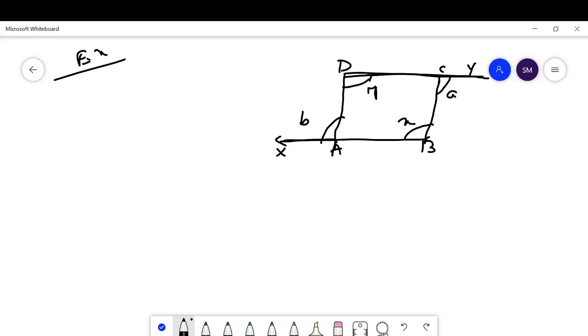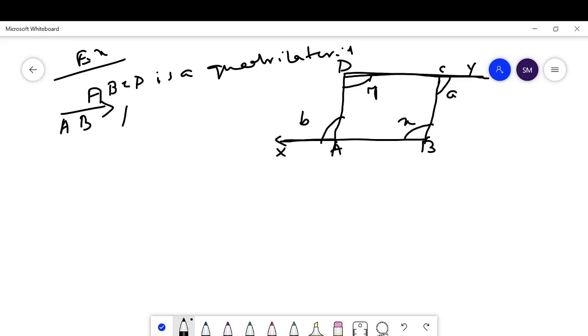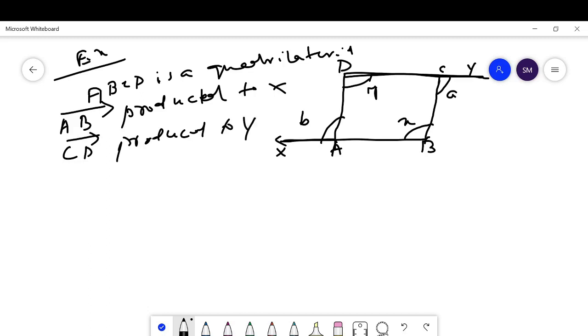Suppose ABCD is a quadrilateral in which AB is produced to X and CD is produced to Y. Then here the exterior angles A and B are two external angles.